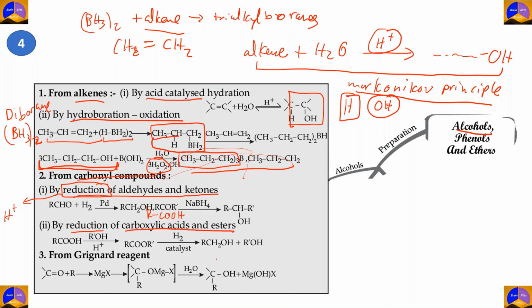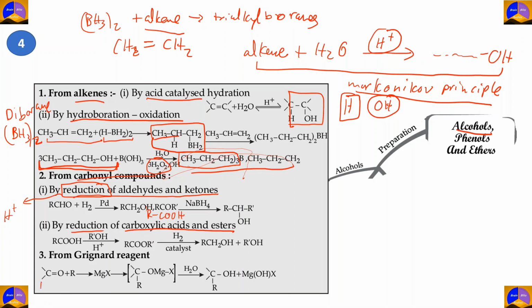to get their alcohol. The third type of equation, which is used to create alcohols, is from the Grignard reagent. So alcohols are produced by the reaction of Grignard reagents with aldehydes and ketones. So this is possible with aldehydes and with ketones. So it's a very complex reaction.